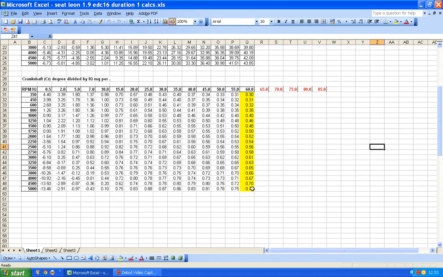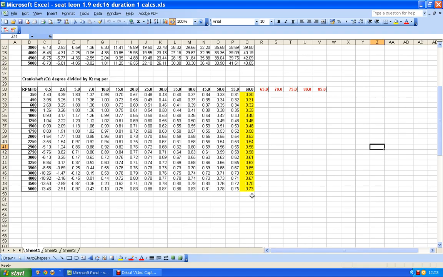But what we've got here is the number of degrees per milligram of fuel. So this is the number of degrees it takes to inject that amount of fuel. Now I'm interested in this, and obviously you don't need this for remapping, but you do if you want to get a clue as to what figures you should be considering.